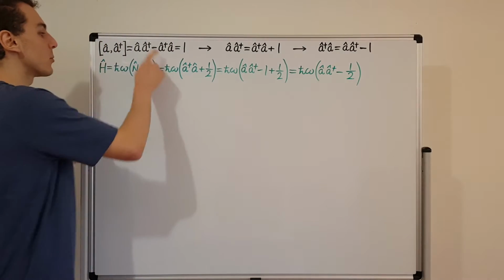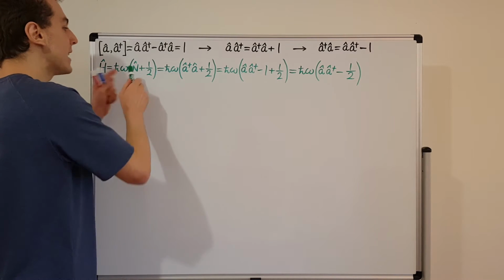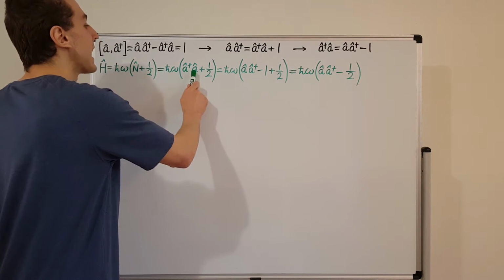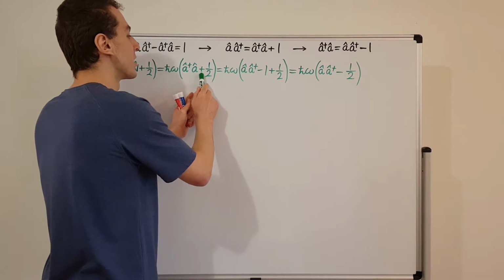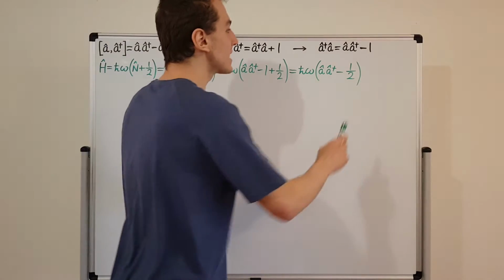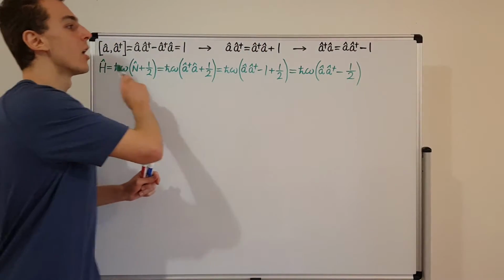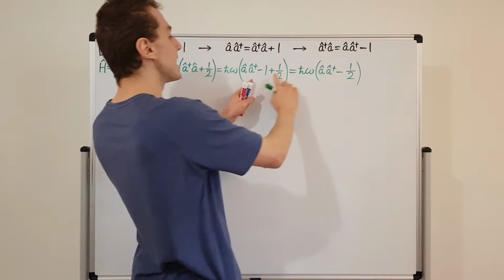So let's have a look at these two alternative forms. This is the form that we started with. This is the definition that I've been using in the previous videos. I've expanded that definition in terms of the ladder operators. We have A dagger A in that specific order. And with this specific order, we have a plus sign over here. But now if we take this expression, which I derived from the commutation relation over here, what we get is a minus sign. So this minus 1 gets introduced.